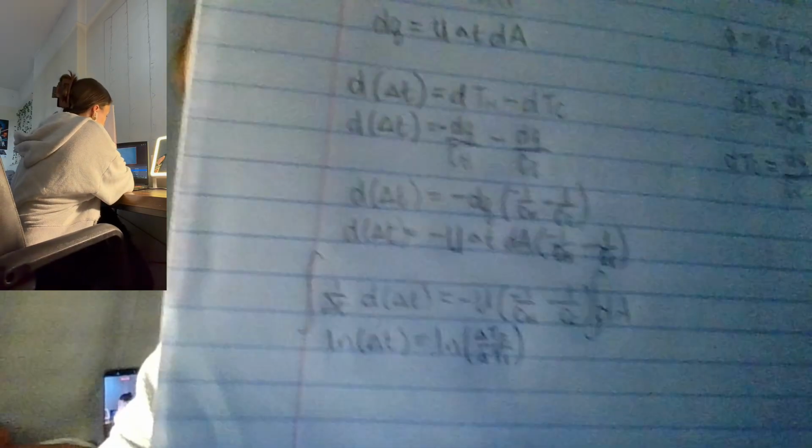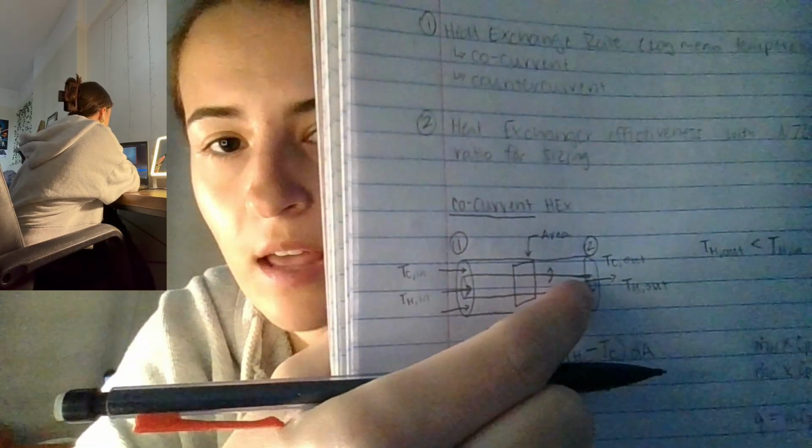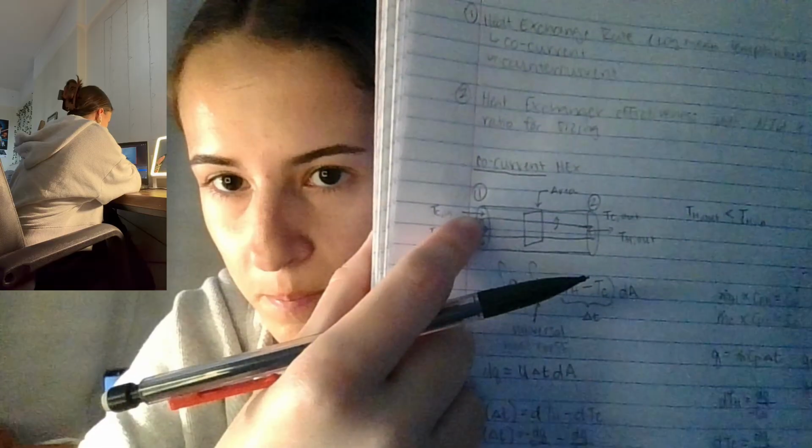What that delta T means is that we're looking at the change between the hot temperature and the cold temperature at position 2 for the numerator, and for the denominator, the hot stream at 1 minus the cold stream at 1. So even though it's two different streams, we're looking at just that position. The change in temperature at position 2 will end up being the difference between the hot stream and the cold stream, and same thing for position 1.